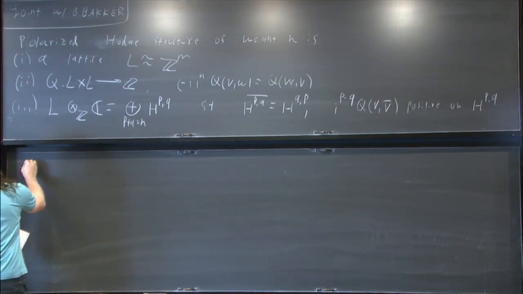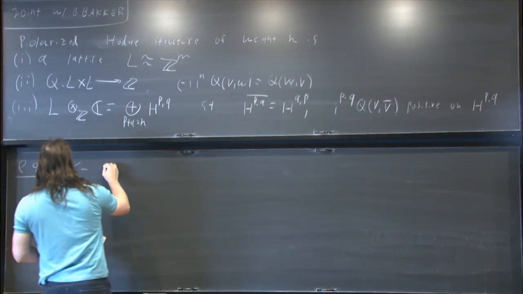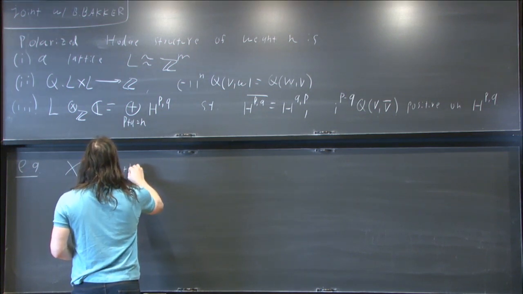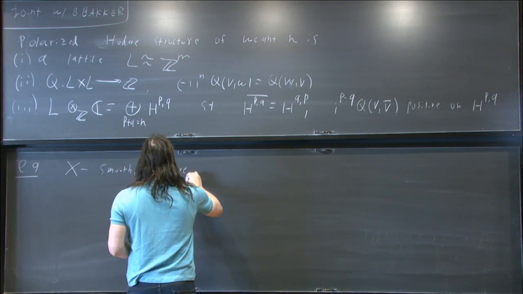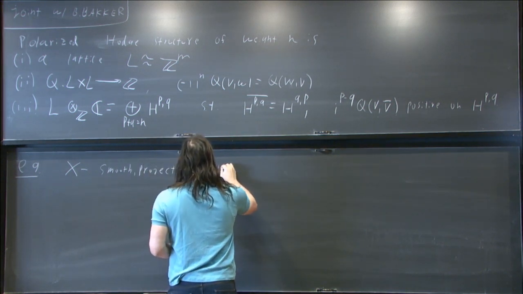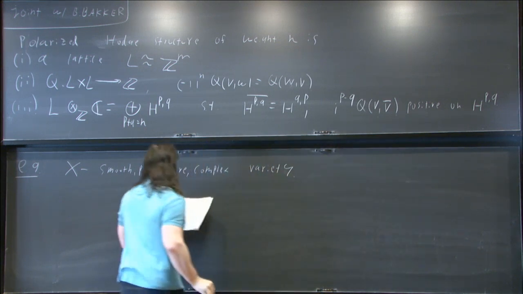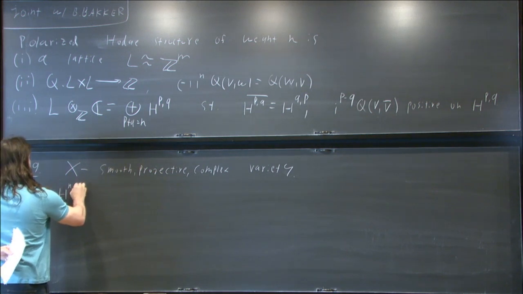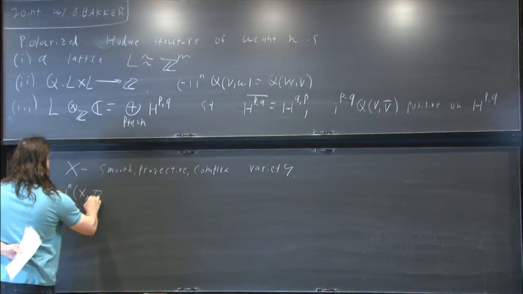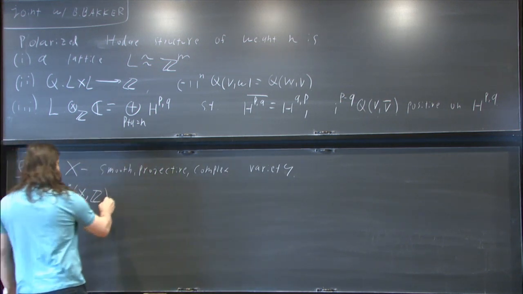The prototypical example that motivates this definition is the following. We take X to be a smooth projective complex variety. Then we let L be the usual Betti cohomology of our variety X, modulo torsion.